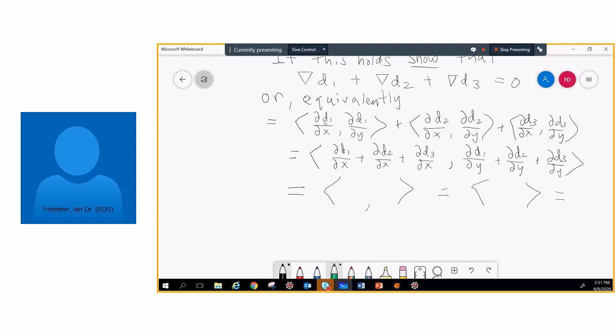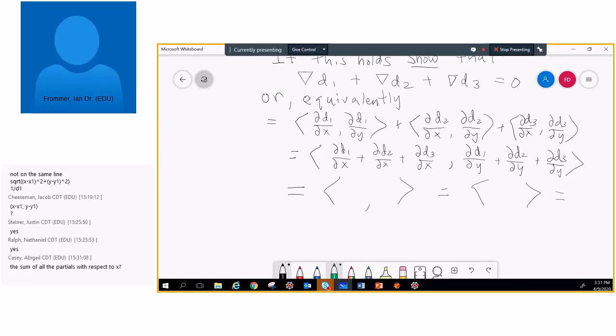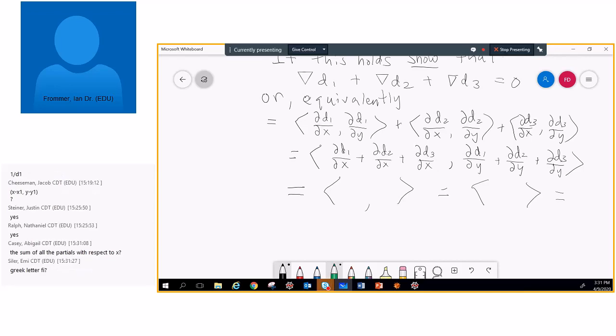Oh, some people are typing. Good. Yeah, well, that's what I'm asking, right? The sum of all the partials with respect to x. That's right. And so what's a compact way to write that? Two people are typing. Greek letter F. There's definitely F is part of the answer I'm looking for.